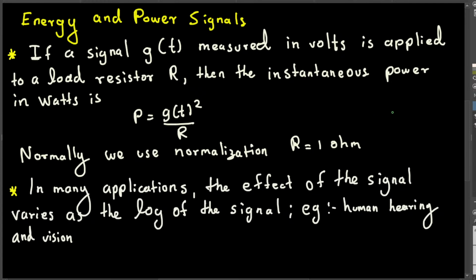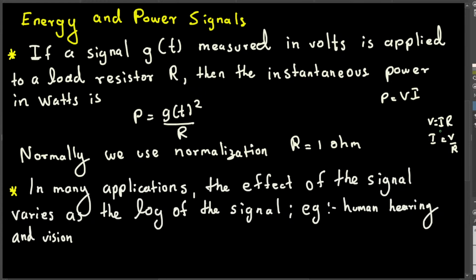If you remember the power equation, P is equal to VI, and V is equal to IR, so we replace I with V over R. It's not V over I, it's VI.